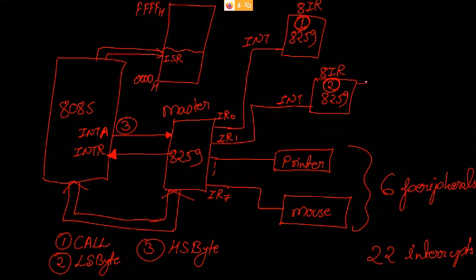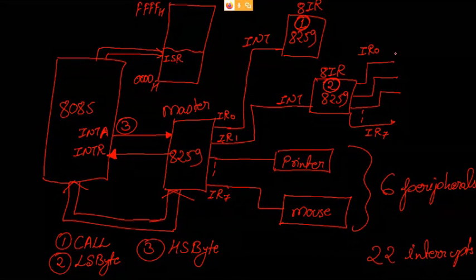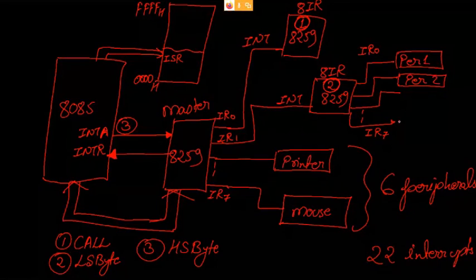Now in this case you have interrupts from this slave also, interrupts from this slave IR0 to IR7. And there may be some other peripherals connected here, peripheral 1, peripheral 2, and similarly peripheral 3, up to peripheral 7.